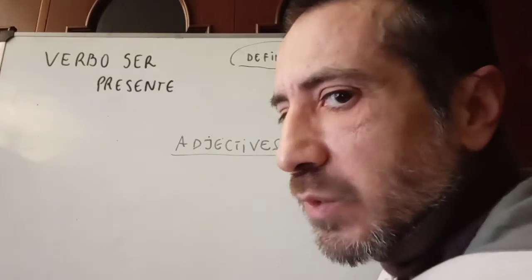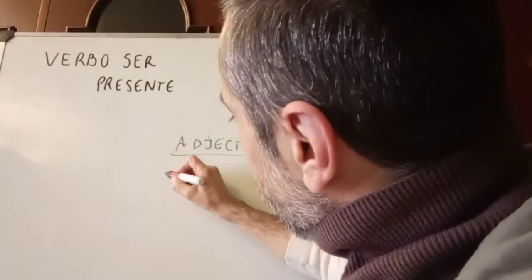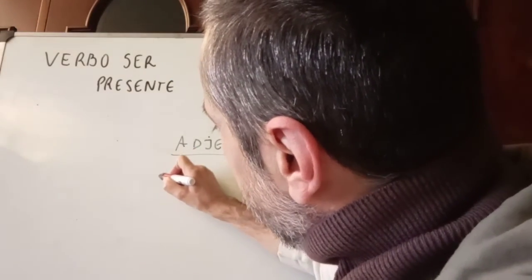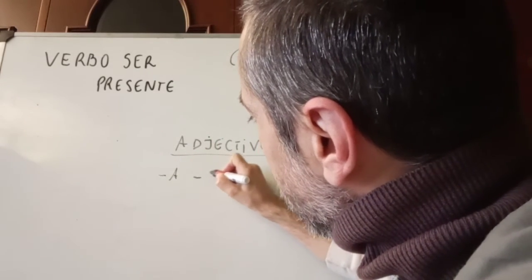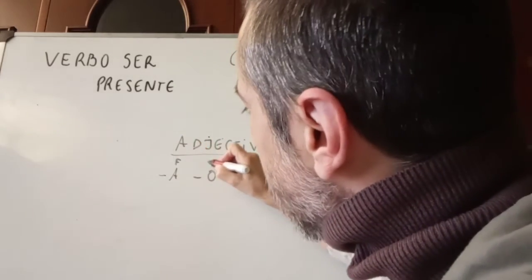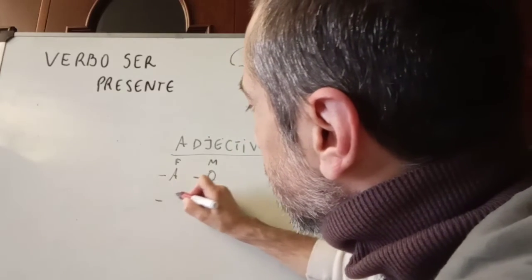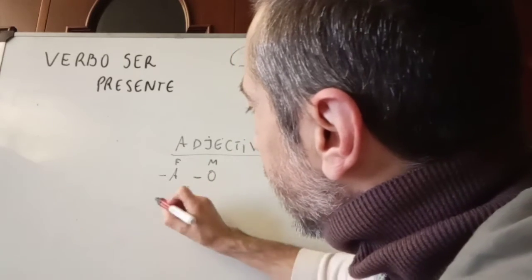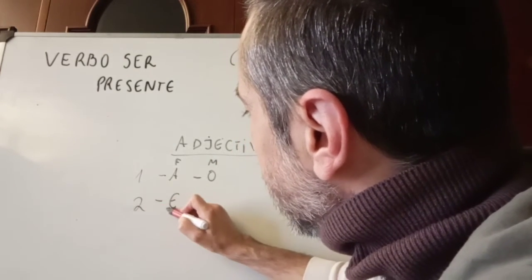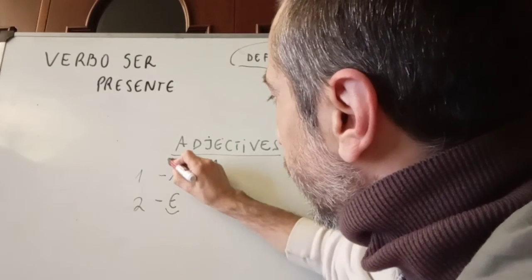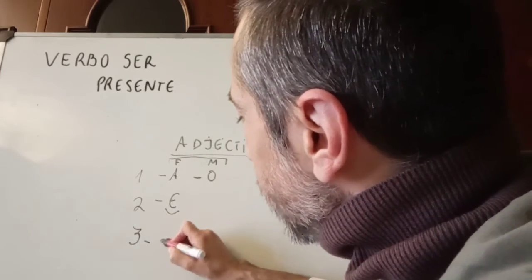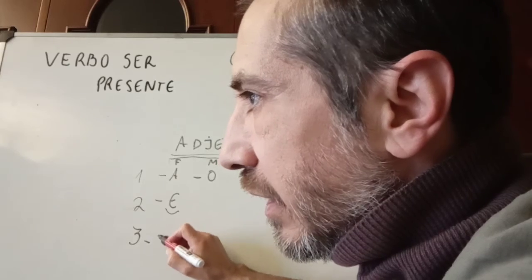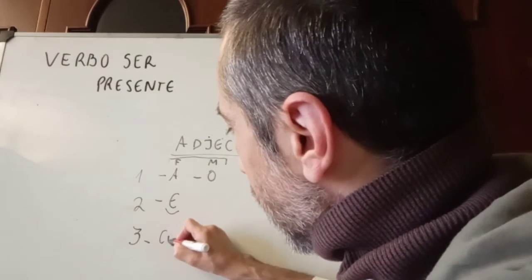Adjectives. As in Latin, we have 3 classes. The easiest one, the one that ends in a or in o, feminine, masculine. Another class ends with e and is the same for both genders. And another class ends with some specific consonants.